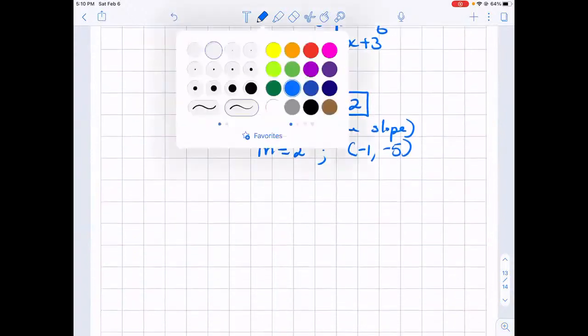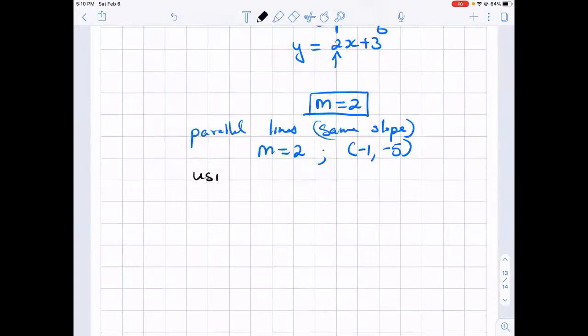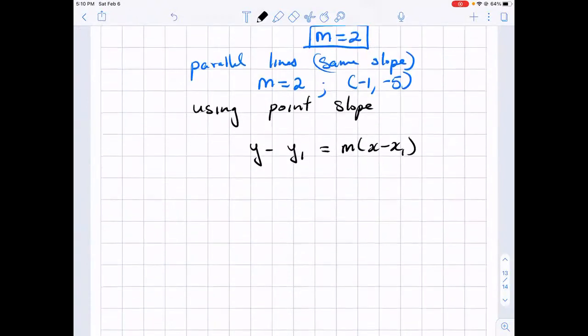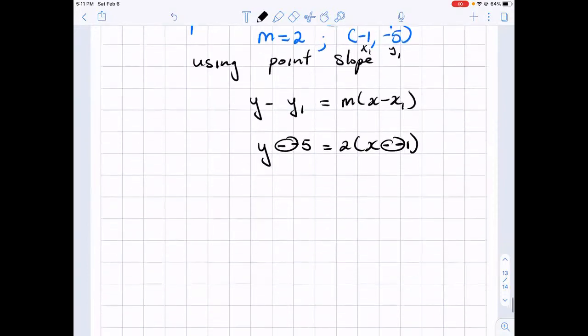So we can use point slope, which is y minus y1 equals m times x minus x1. Remember this is x1, y1, so we have y minus a minus 5, m we know is 2, x minus a minus 1. So these two negatives become positive, so y plus 5 is equal to 2 times x plus 1.